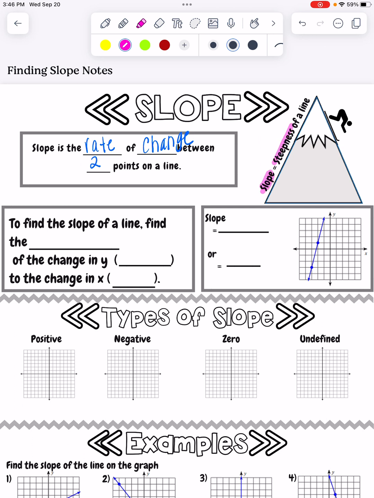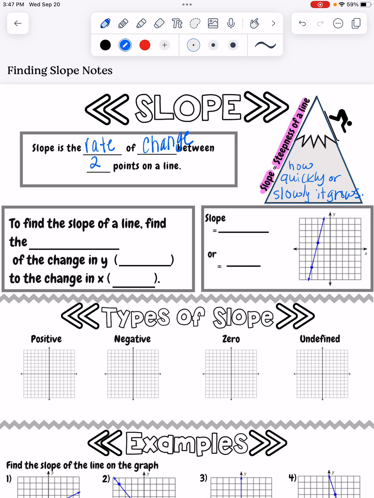Another way to look at slope is the definition over here. Slope is also the steepness of a line. So how steep it is, and what we mean by that is how quickly or slowly it grows. And what I mean by the it part is the line.